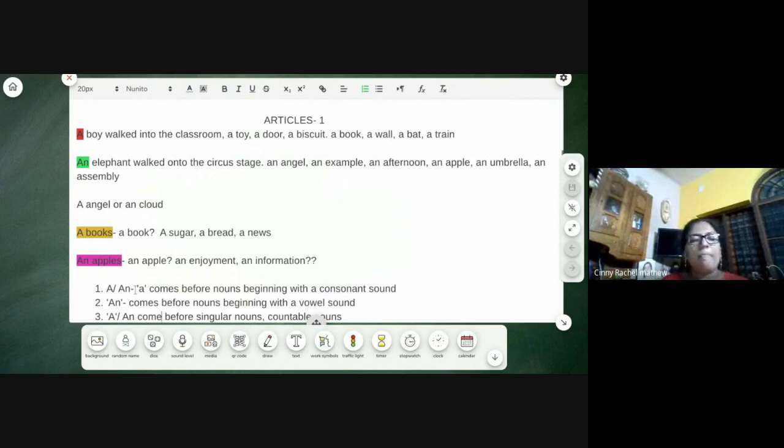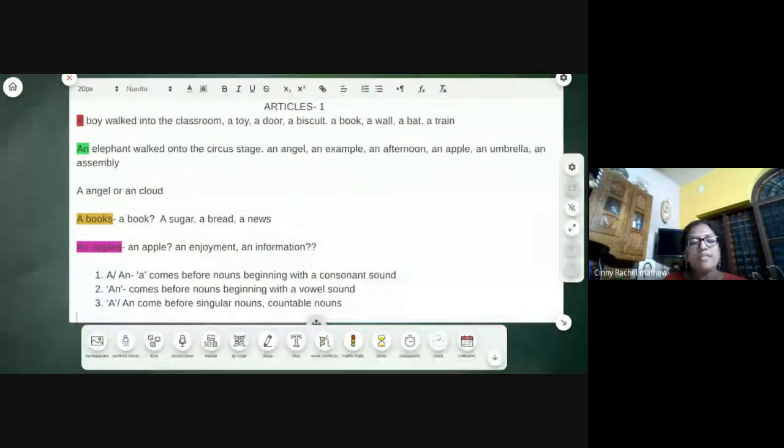So if I say an apple, it is fine. At the same time, if I say an enjoyment, it is wrong. A sugar is wrong. A bread is wrong. A news is wrong. And an information is also wrong. So, how should they be used? When I say a sugar, I must write it specified.